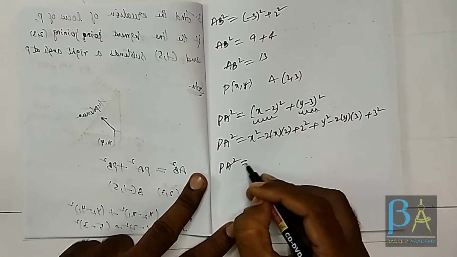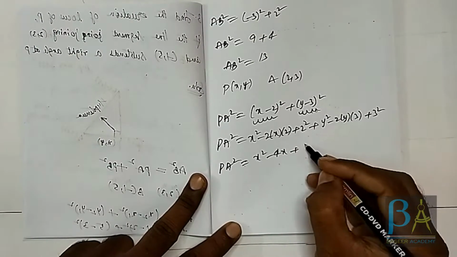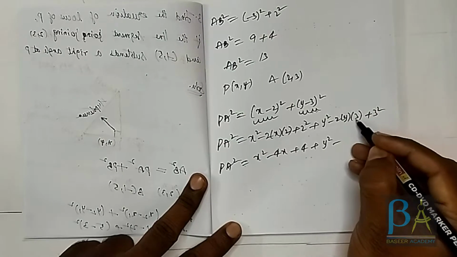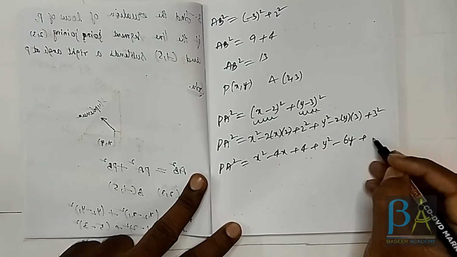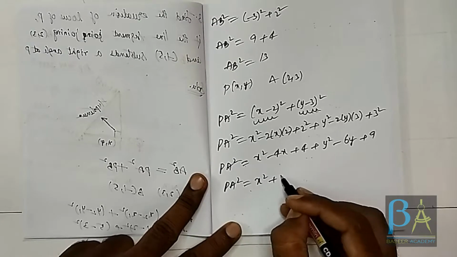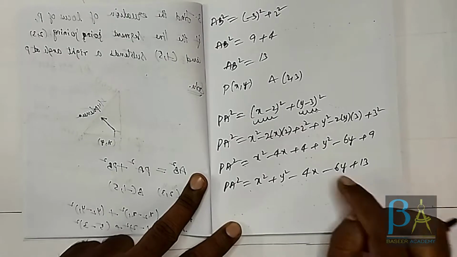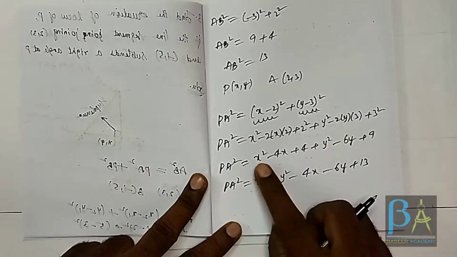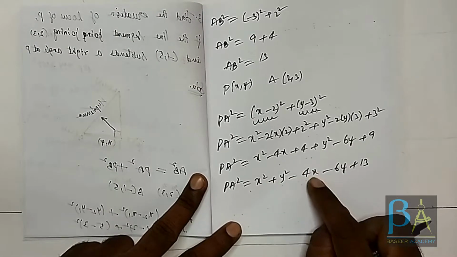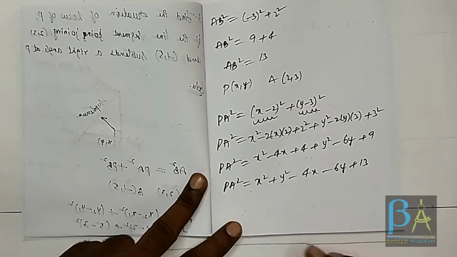So PA square is going to be x square minus 2 into 2 is 4, 2 square is 4, 2 into 3 is 6, 6 into y is 6y, 3 square is 9. So PA square is x square plus y square minus 4x minus 6y plus 13. I just rearranged the terms here. I wrote the x square first, and then y square, and then the x term, and then the y term, and then 9 plus 4 is 13. I wrote the constant term.